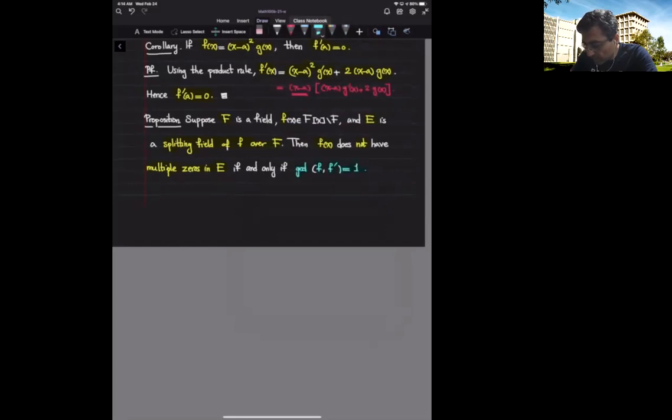So being coprime to its derivative is equivalent to saying that f does not have multiple zeros in E, its splitting field. Okay, let's prove this.